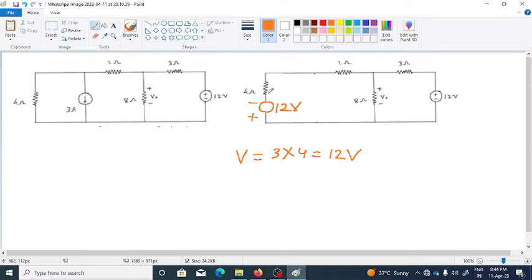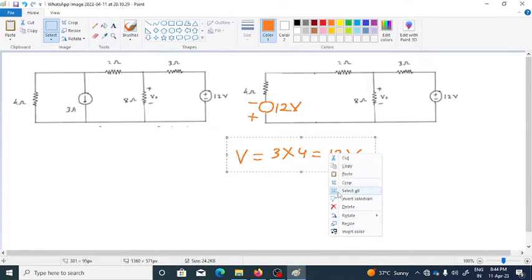Okay, now remember, here we are interested to find out this voltage V0. So we will not disturb this 8 ohm resistance in the circuit, rather we will keep it as it is and try to convert the remaining circuit into a single voltage and single resistance, or single current and single resistance terminology, right?